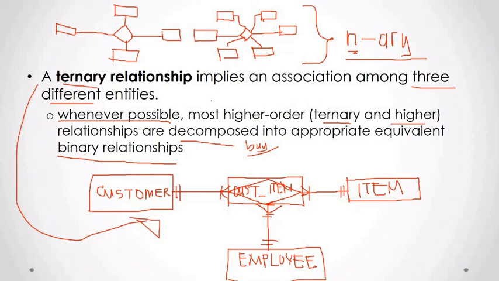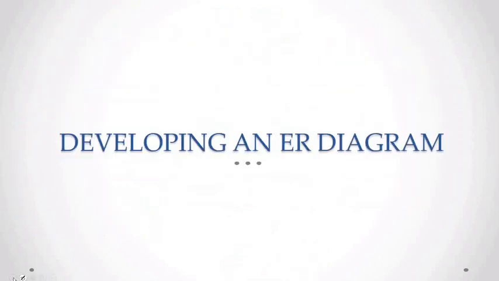But again, as mentioned here, as much as possible, if you have a degree of relationship like this, then you have to decompose it into binary, if possible. If not, then leave it as is. Okay, so those are the degrees.